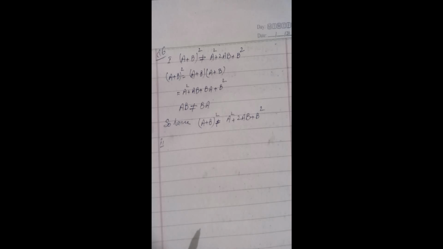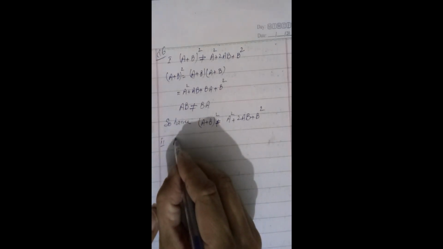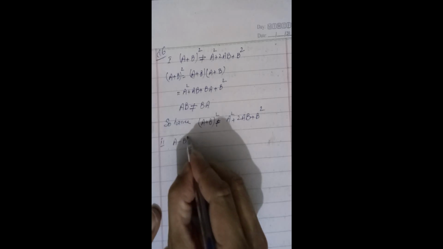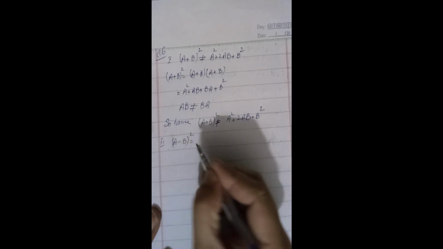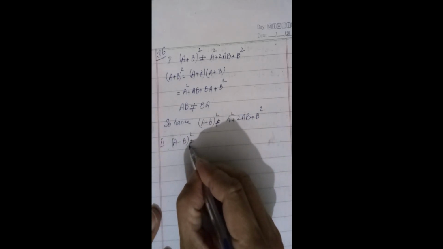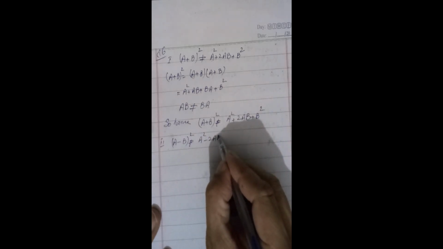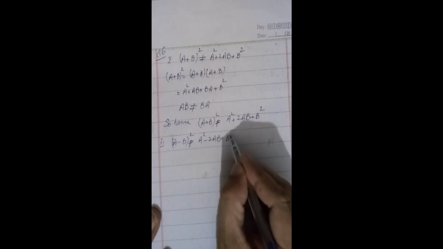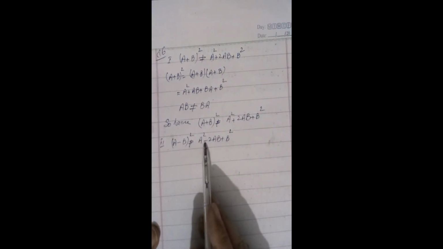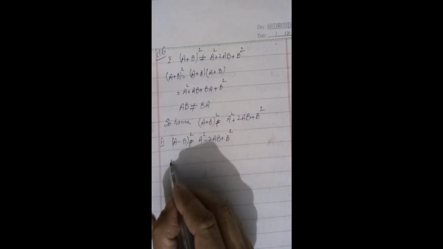Now we find the second part of the question 6: (a minus b) whole square is not equal to a square minus 2ab plus b square. We prove that (a minus b) whole square is not equal to a square minus 2ab plus b square. We solve it.